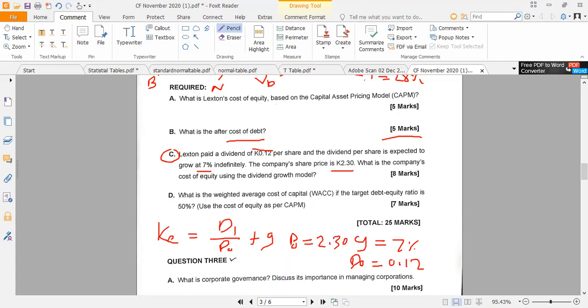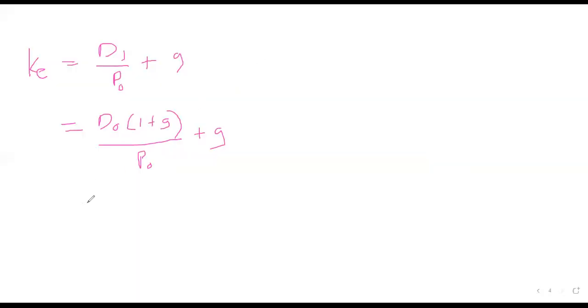So here, since our D0 is 0.12, and our P0 is 2.3, and our growth is 7%, can you try to calculate the cost of equity, everything being there?